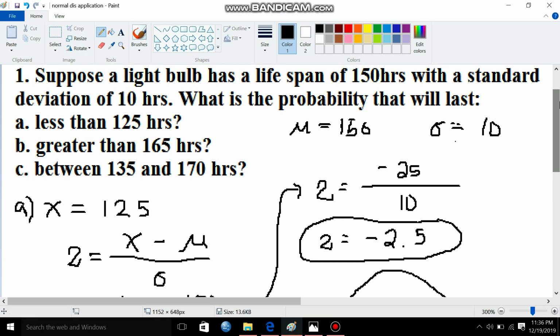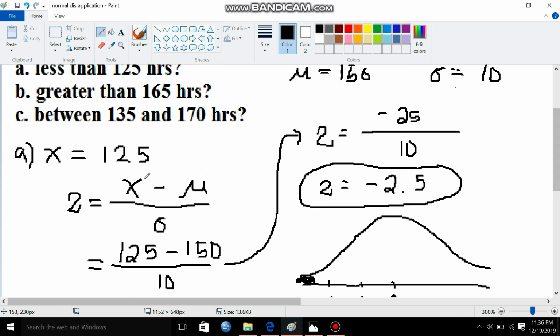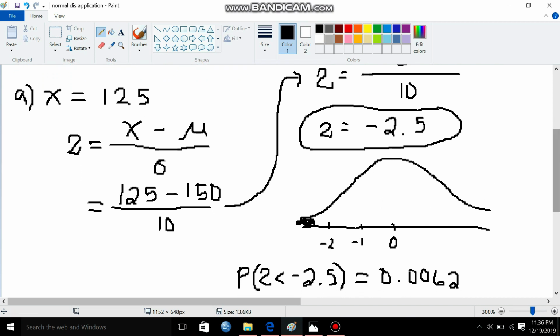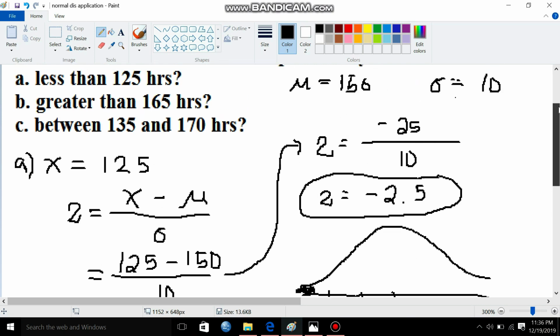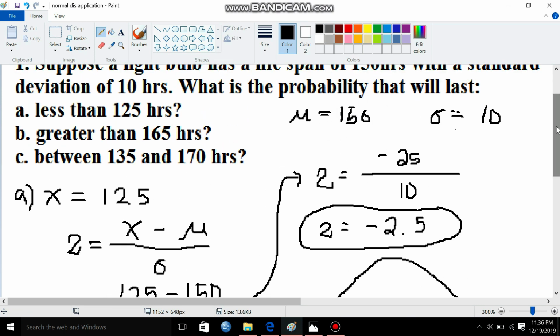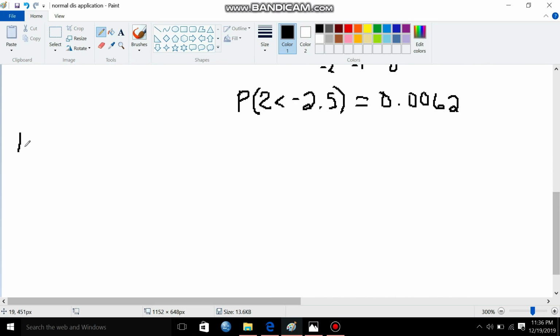The first step is again to solve the Z score, and let us draw the diagram so that we can conclude the probability of Z. Since, for letter B, X is 165, the mean is again, from above, 150, and the standard deviation is 10.